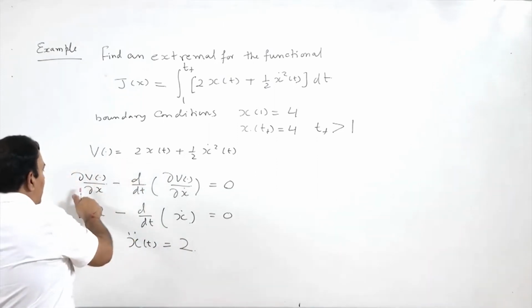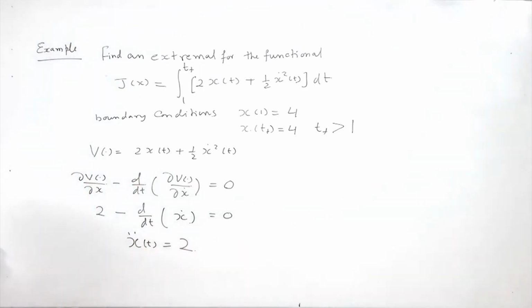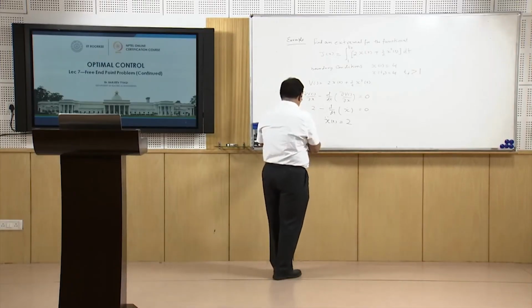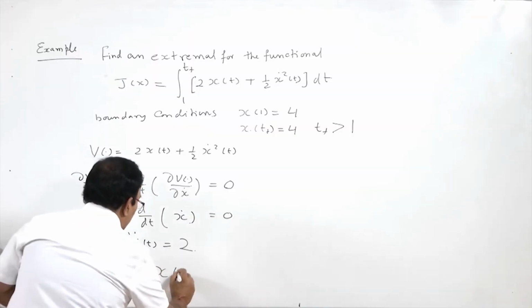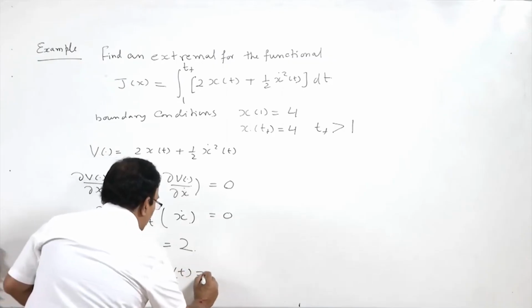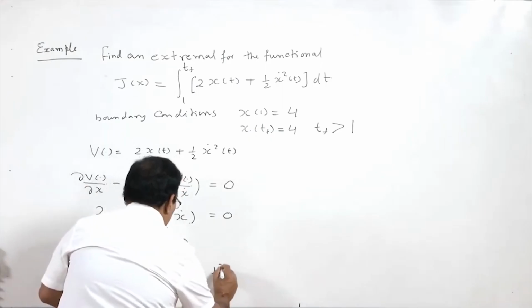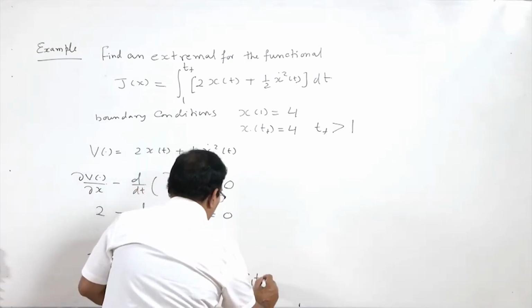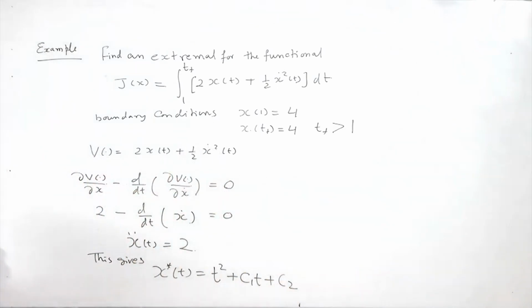So, the Euler-Lagrange equation gives me another differential equation, which is nothing but ẍ(t) equal to 2, and the solution of this gives me x(t).